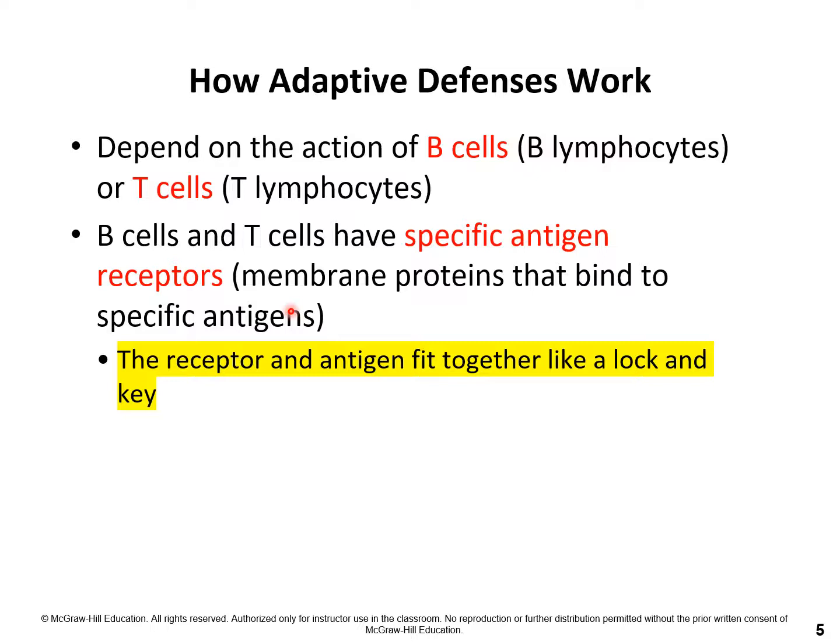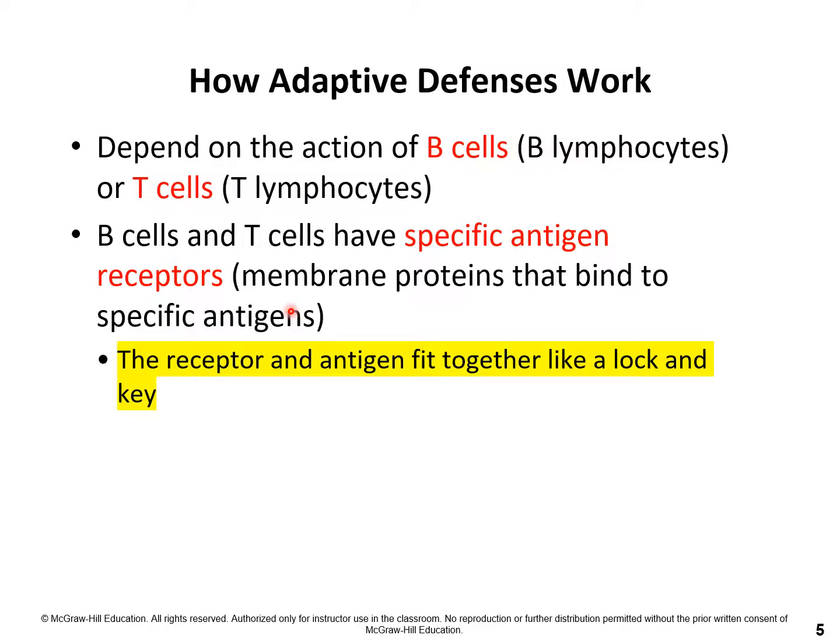And so they go through this process where at first when they recognize that antigen, those receptors become more and more specific for that particular antigen that they encountered. And so the cells develop a memory for that antigen, so that next time they encounter that antigen, the action that takes place to eliminate it is faster and stronger.